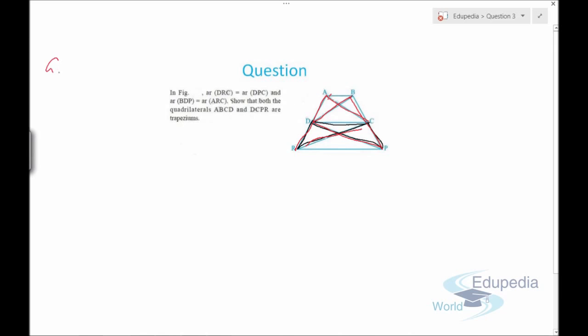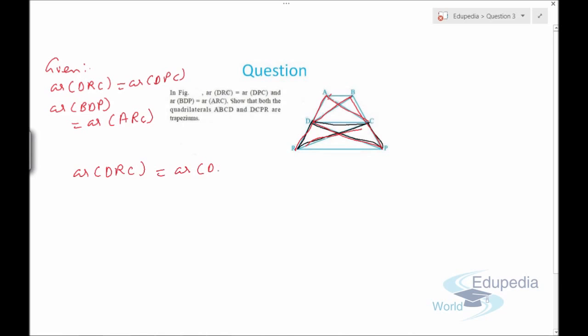So first we need to write given. So it's given area of DRC is equal to area of DPC and area of BDP is equal to area of ARC. Now, you can see it's given area of DRC equals area of DPC.